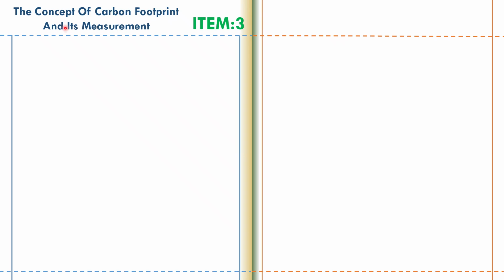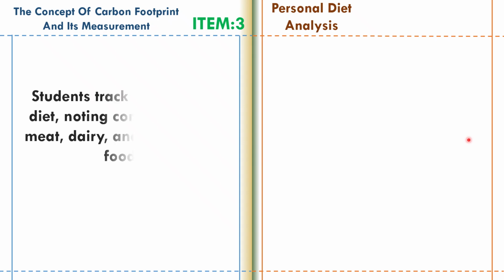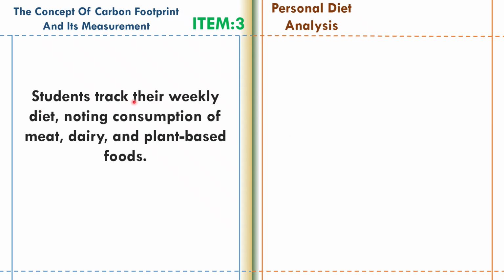Concept of carbon footprint and its measurement, item 3. Let's now look at personal diet analysis. Students track their weekly diet, noting consumption of meat, dairy, and plant-based foods.